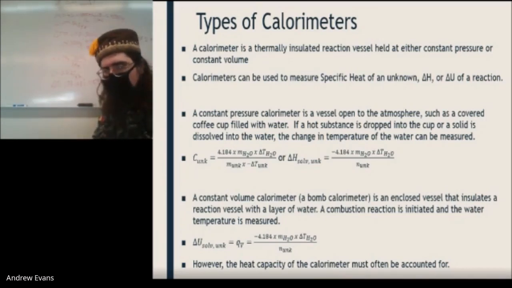So if I put a hot object into there, Q equals MCΔT for the object is going to equal Q equals MCΔT for the water. So if I measure the heat flow into the water, I can measure the heat flow from the solid. If I can measure the heat flow from the solid, I can figure out what that is.